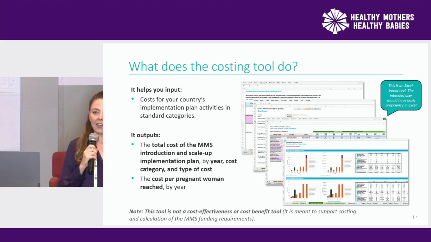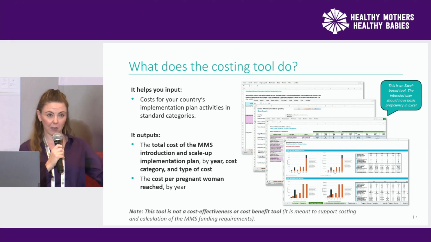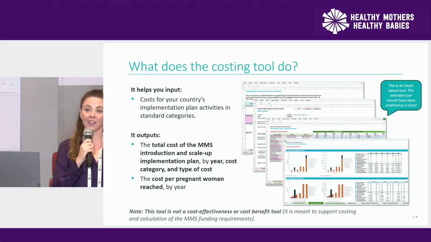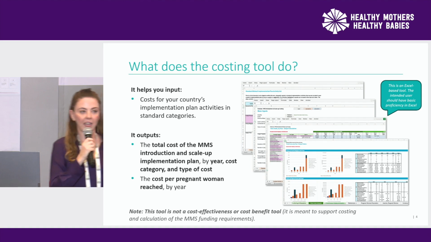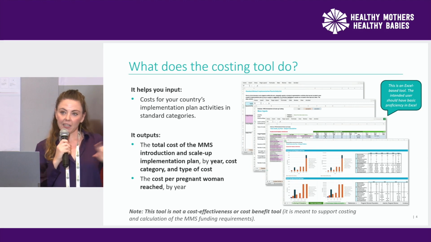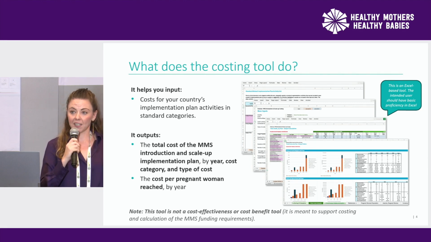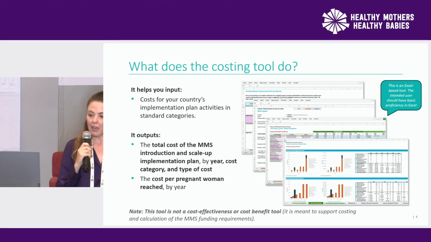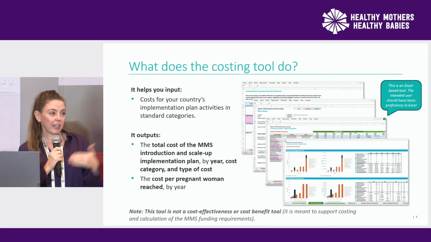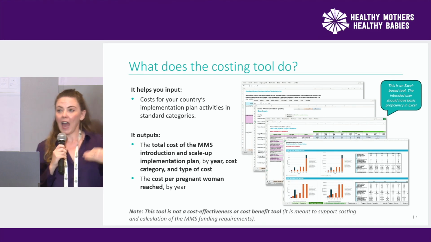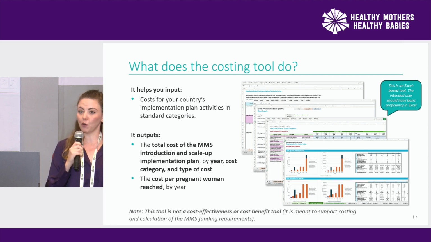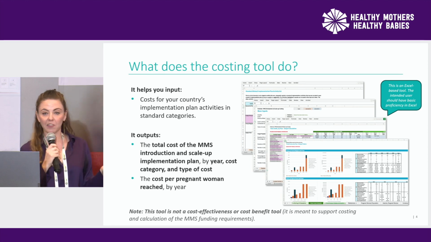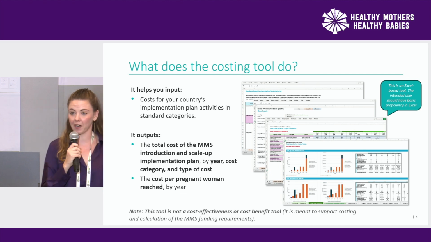I think it's important to note that when we talk about roadmap development, we talk about discrete activities like, okay, we're going to develop the roadmap, and then we're going to cost it, and then we're going to make the financing plan. But we know that in reality, these are really iterative processes that feed into each other. And so the goal of having a costing tool available as countries start to build roadmaps is so that you have the ability to look at multiple scenarios.